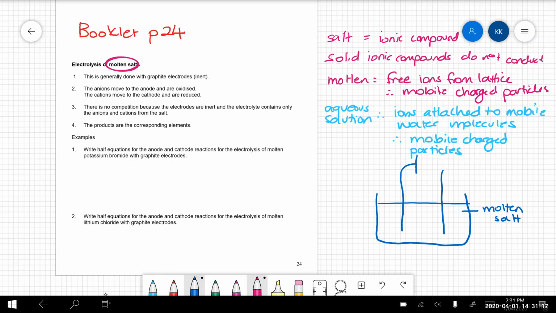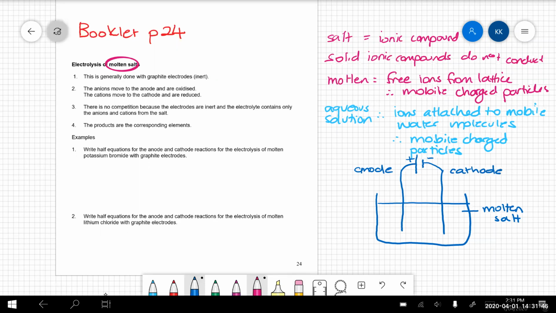Remember, the long one is the positive and the short one is the negative. So that's the positive and that's the negative terminal of the battery. Remembering what we learned last time, whoops, wrong. Okay, it's actually the anode that's positive, isn't it? And it's the cathode that's negative.